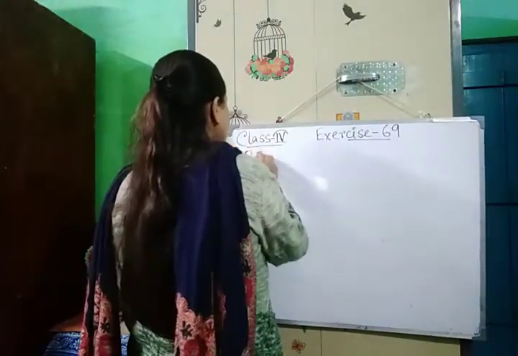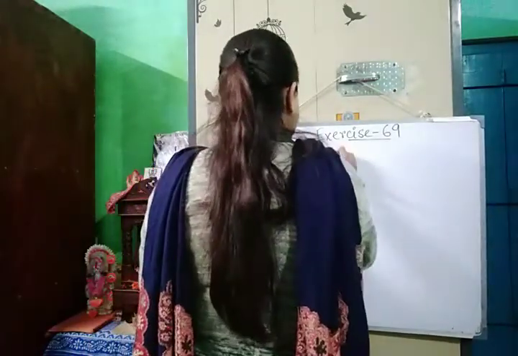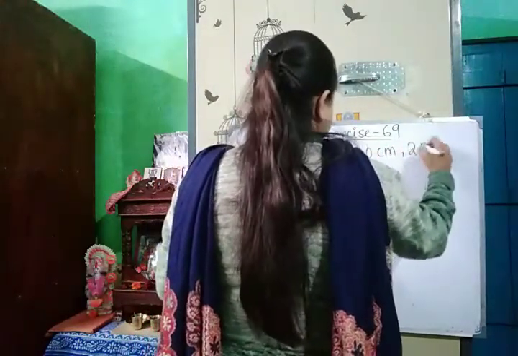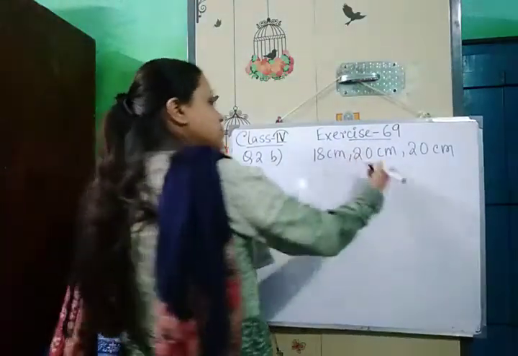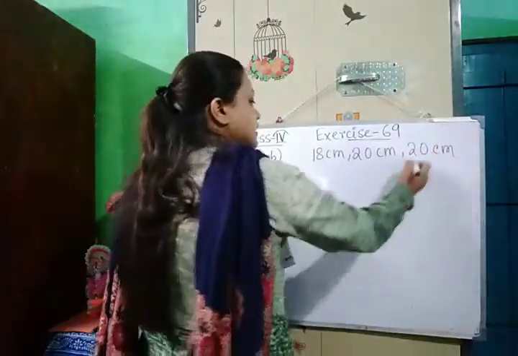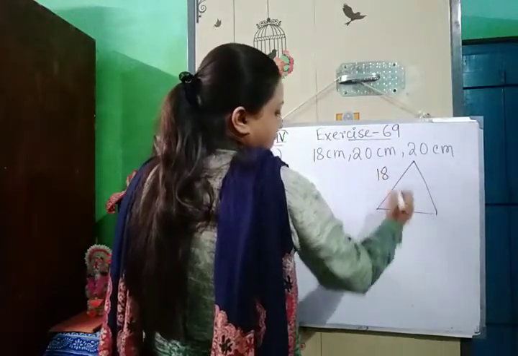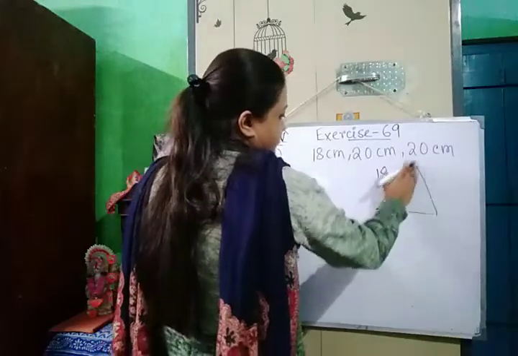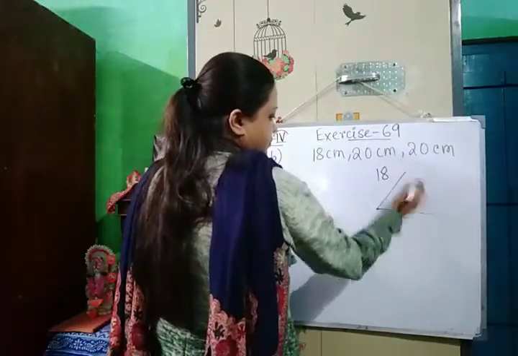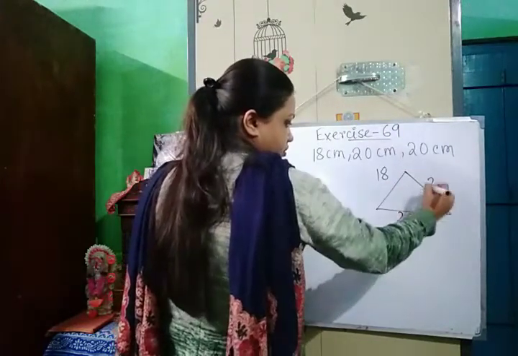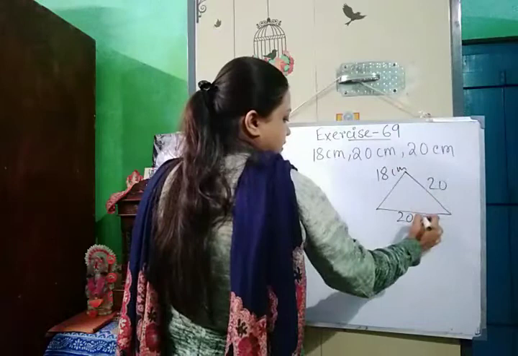So I am doing question number 2's B, where the sides of the triangle are given as 18 centimeter, 20 centimeter and 20 centimeter. So 18 plus 20 plus 20. This is the triangle, and this side is 18 centimeter.